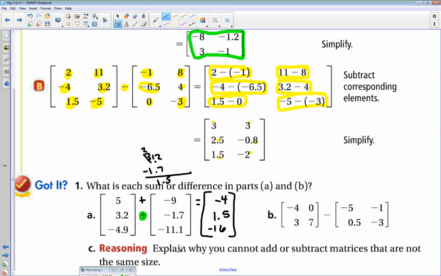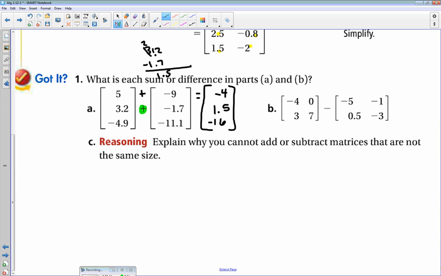All right, so let's look at B. So for B, I'm going to move B down here. Each element is going to be subtracted from its matching one. So I'm going to go negative 4 minus negative 5. I'm going to go 0 minus negative 1. I'm going to go 3 minus 0.5.